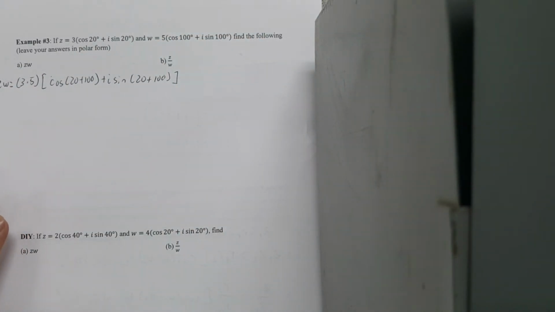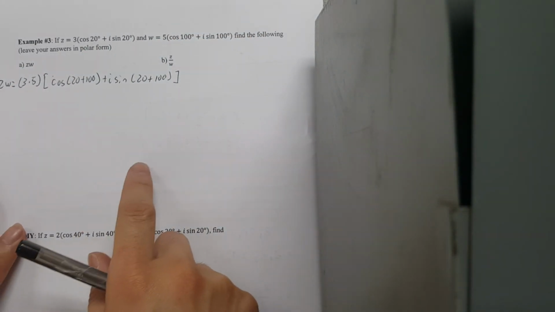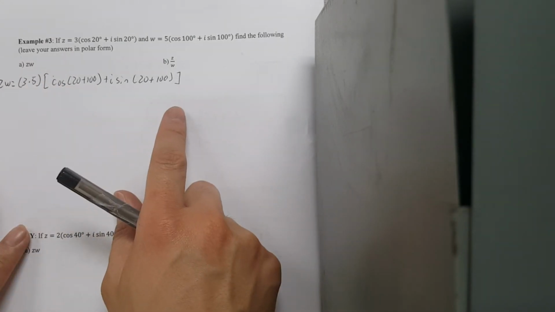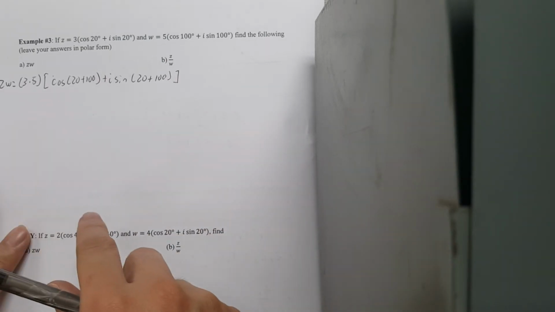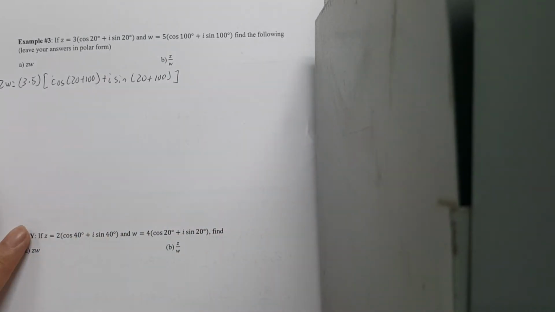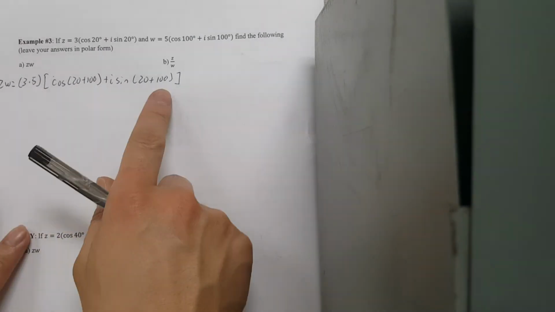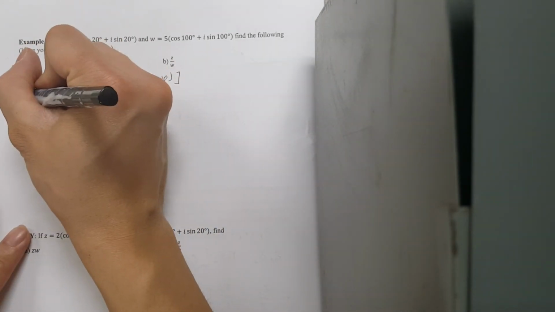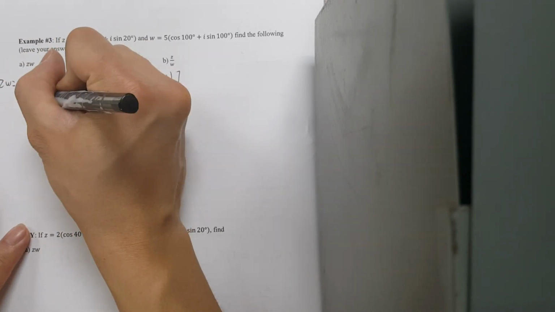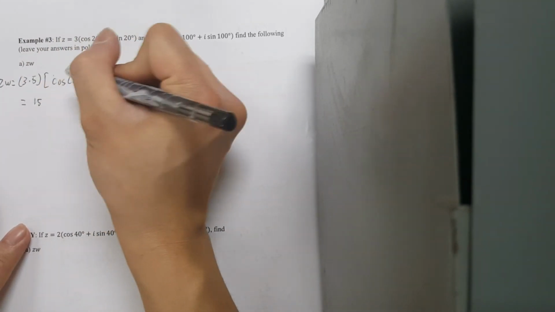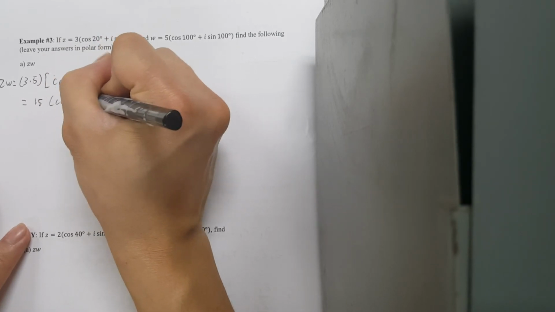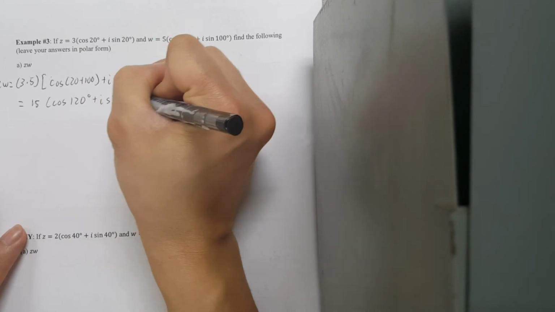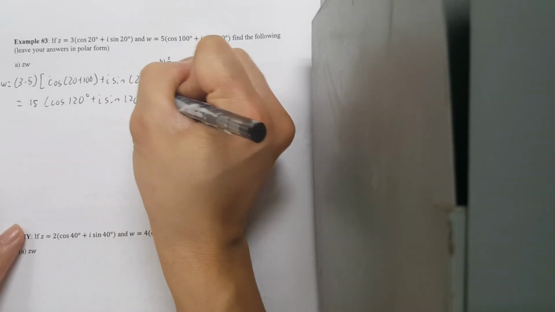Now, for most of you, you could probably skip that step, but that's just the substitution. If you look on the previous page, that's the formula. And then what you do here is you just work it out. z times w is 15 cosine 120 plus I sine of 120.